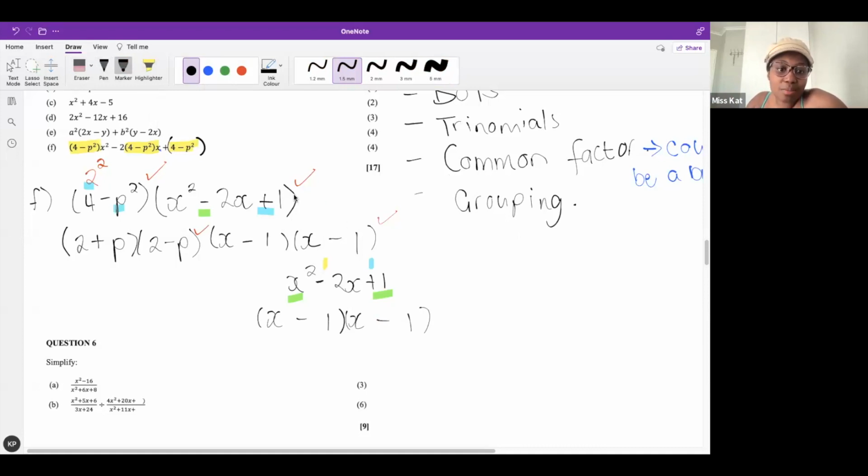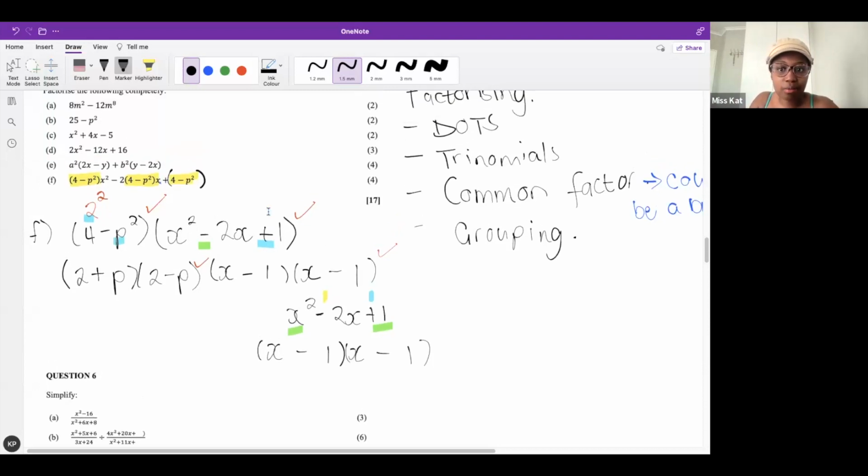So you're saying x squared times the brackets and minus 2x times the bracket plus 1 times the brackets, because 1 times the bracket is the bracket itself, which is what we want. All right. Khawhelo, I hope I have helped you out.